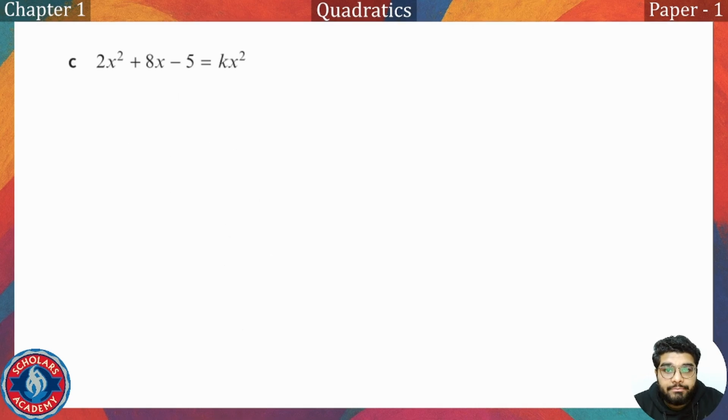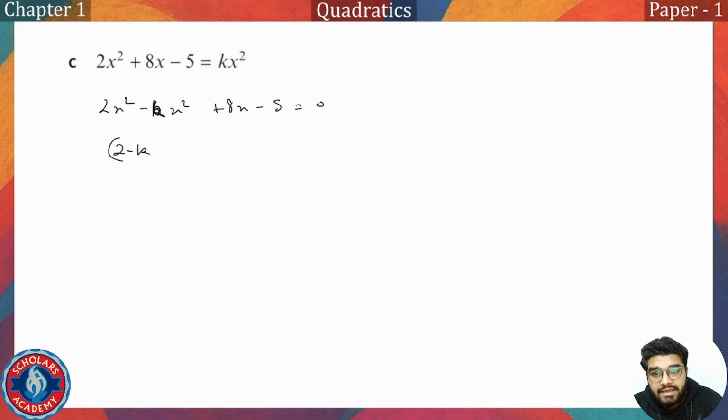So first of all, simplifying it, bringing everything to the left hand side, we get 2x square minus kx square plus 8x minus 5 is equal to 0. So we take x square common, we get 2 minus k x square plus 8x minus 5 is equal to 0. Right?